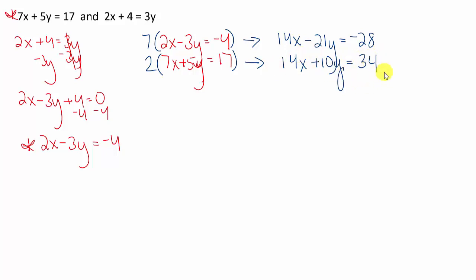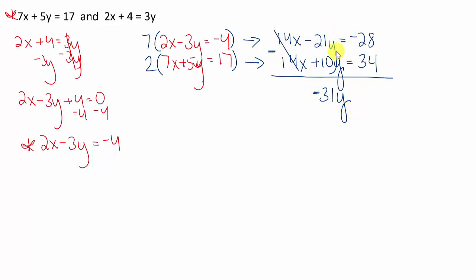So now I have this system of equations here, and see that my x's match. I have 14 for both. Now we have to decide, are we adding or subtracting? Because we can do either, but we have to choose the correct one that's going to make one of our variables cancel. So 14 plus 14 doesn't give me 0, so I'm going to subtract. 14 minus 14 is 0, but negative 21 minus 10, be careful with your signs, is going to be negative 31y.